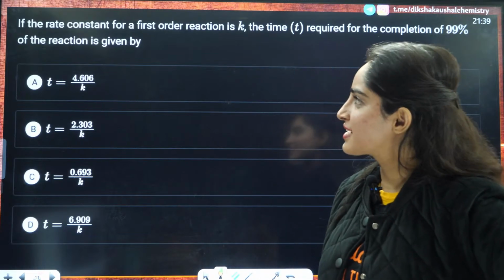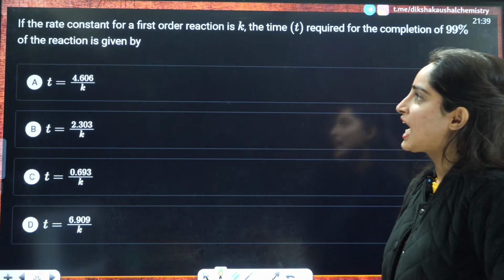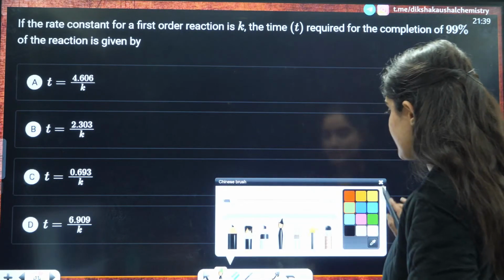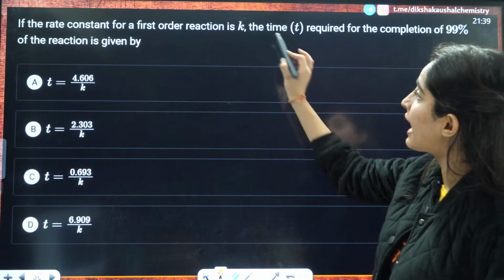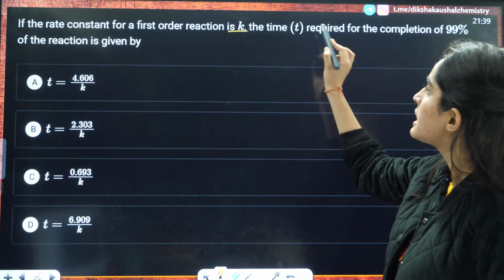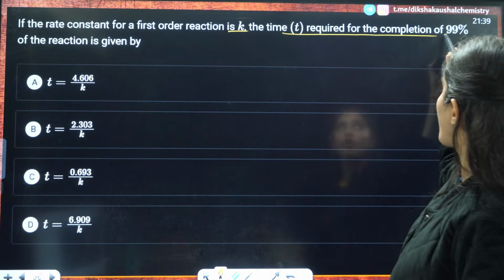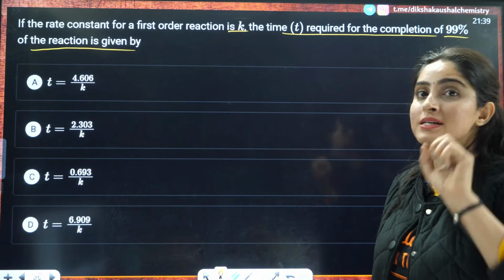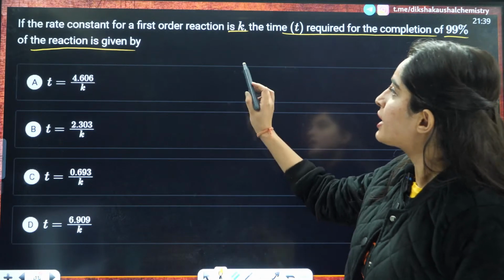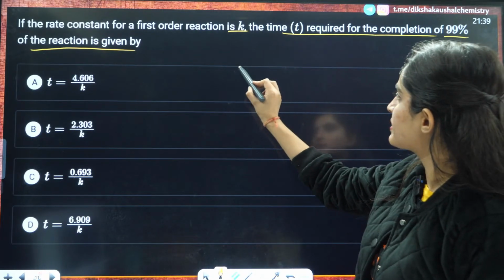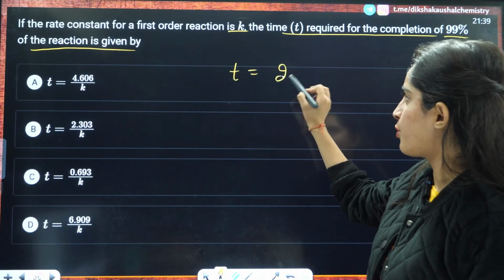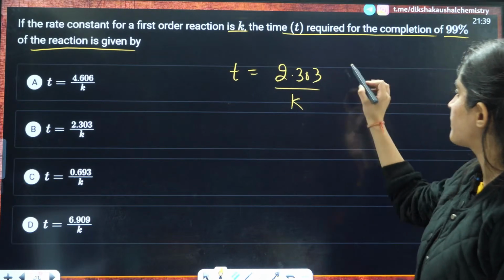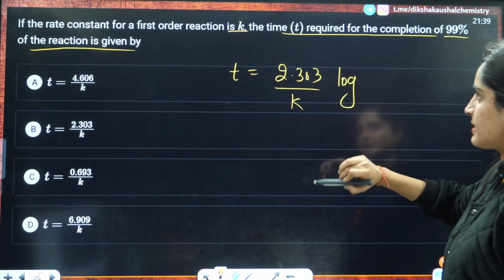Now next, if the rate constant for the first order reaction is K, the time required for completion of 99% of the reaction is given by, so T is equal to 2.303 by K, log base 10.